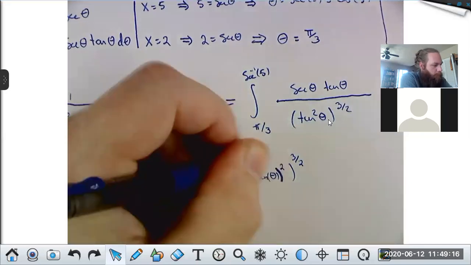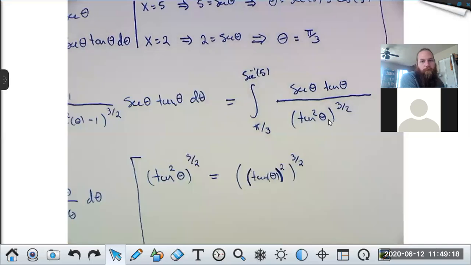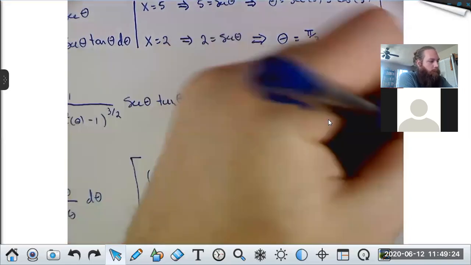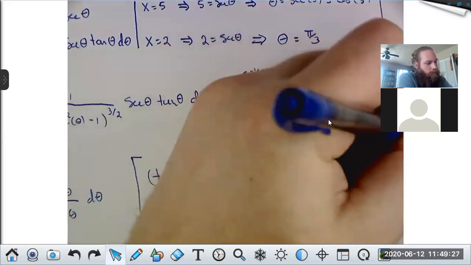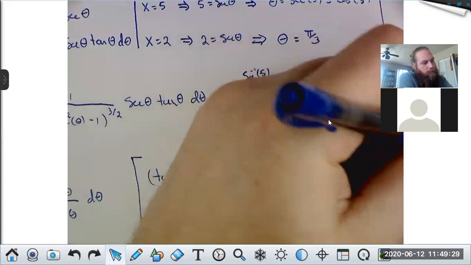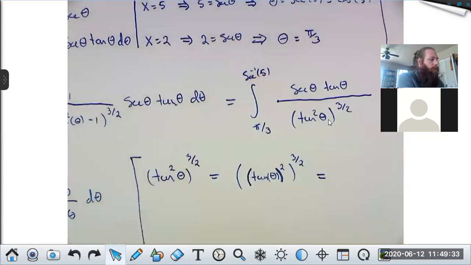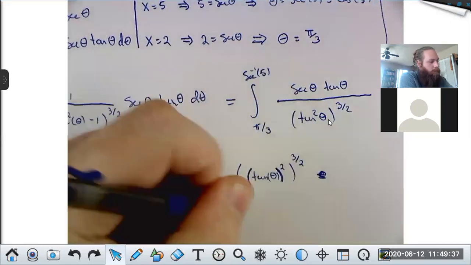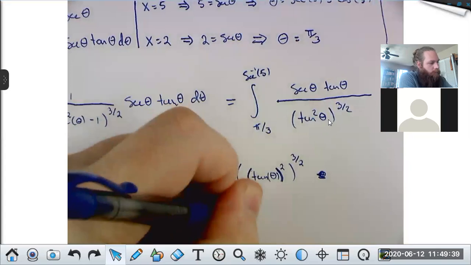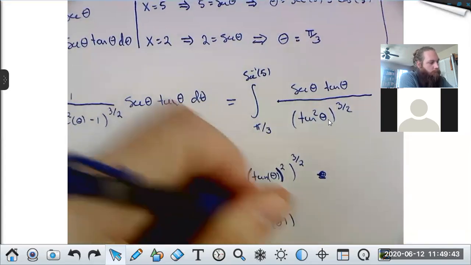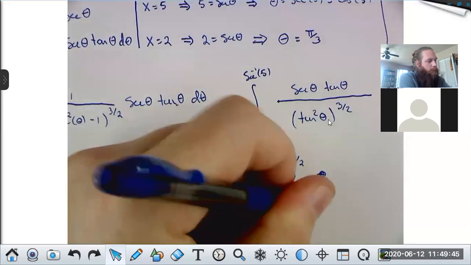This paren here closing this paren here. And then we have this rule for exponents that says if I have x to the a all to the b, that's the same as x to the a times b. So that means that this is the same as the tangent of theta raised to the 2 times 3 halves.